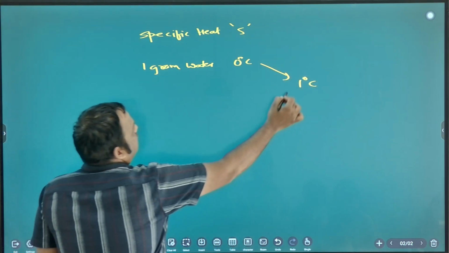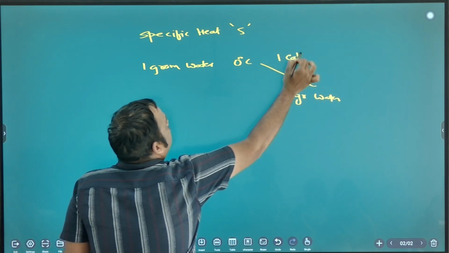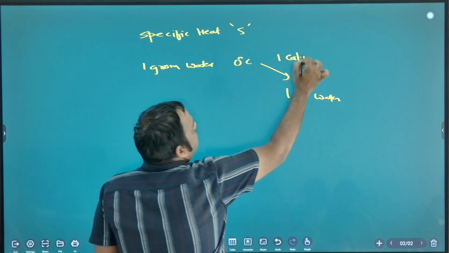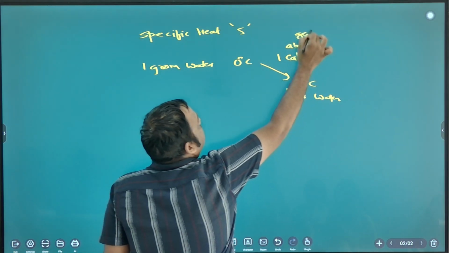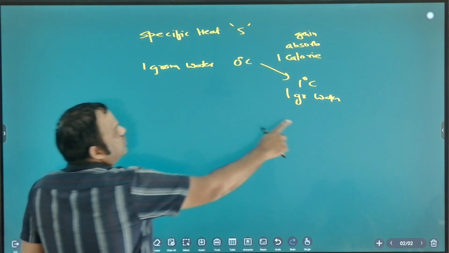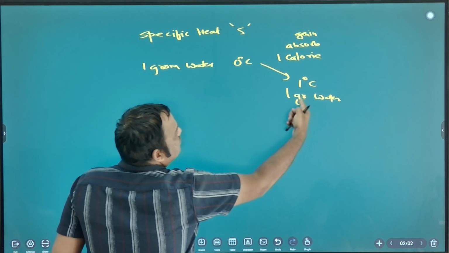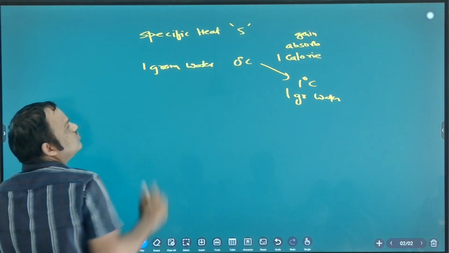How many calories will it accept? 1 calorie. It will gain or absorb 1 calorie. From 1 degree Celsius to 0 degrees Celsius, it will lose heat.